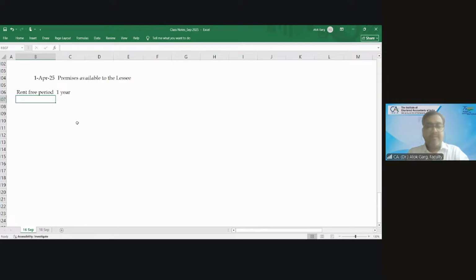Rent starts from 1st April 2026 for 3 years, let's say. Rent is payable at the end of the year, for rupees 1 lakh, right?